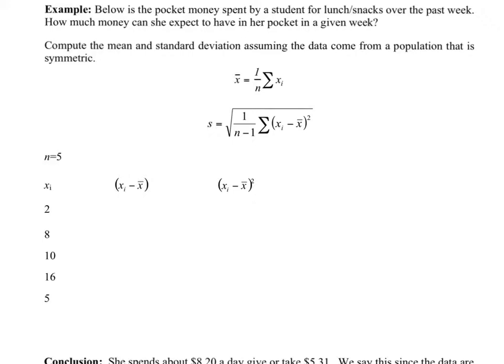If I was to depict them graphically, there's not enough really to see anything. But what do I see? I see that if I put these in order, let's say I was to rank these numbers, I've got 2, and then 5, and then 8, and 10, and 16.